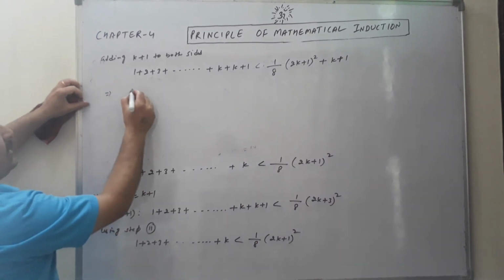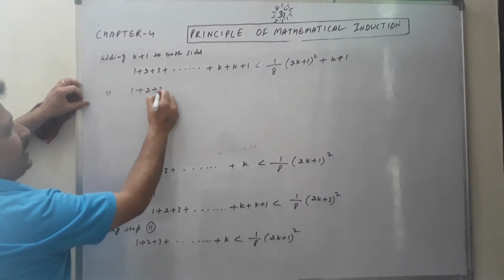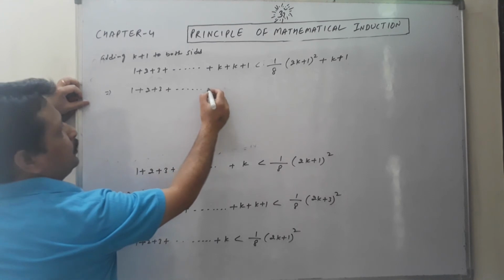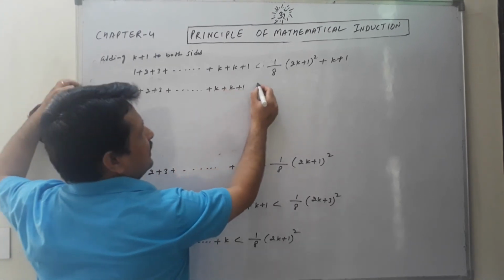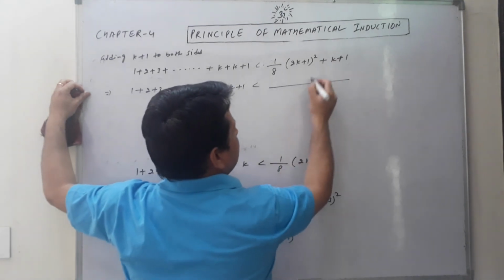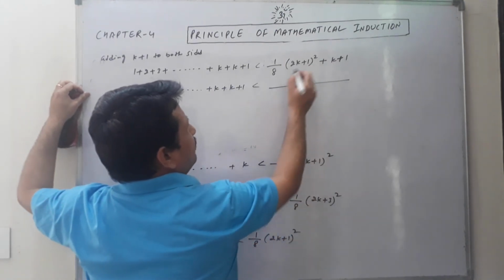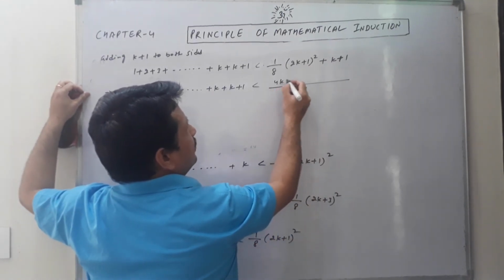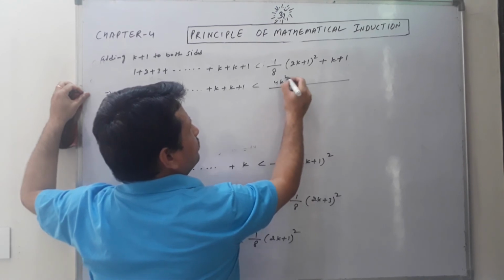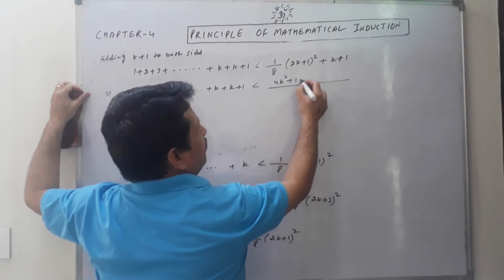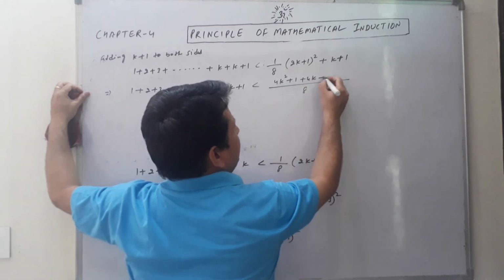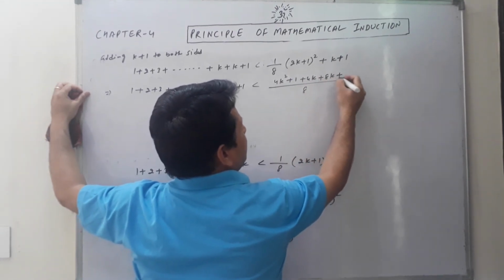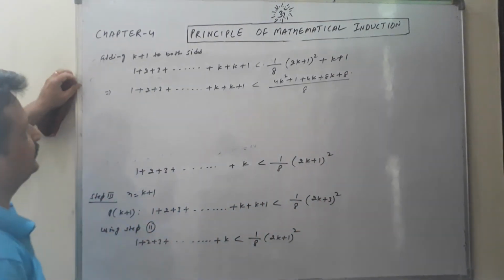So this implies that 1 plus 2 plus 3 plus up to k plus 1 is less than, taking its LCM first, 8 is the LCM, I will solve it: it will come as 4k square plus 1 plus 4k, and by taking the LCM, 8k plus 8.